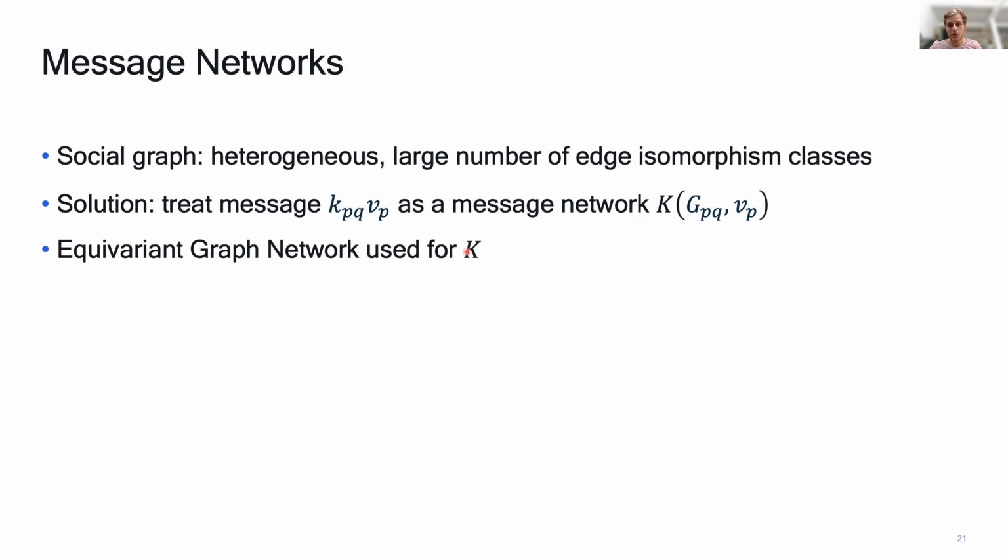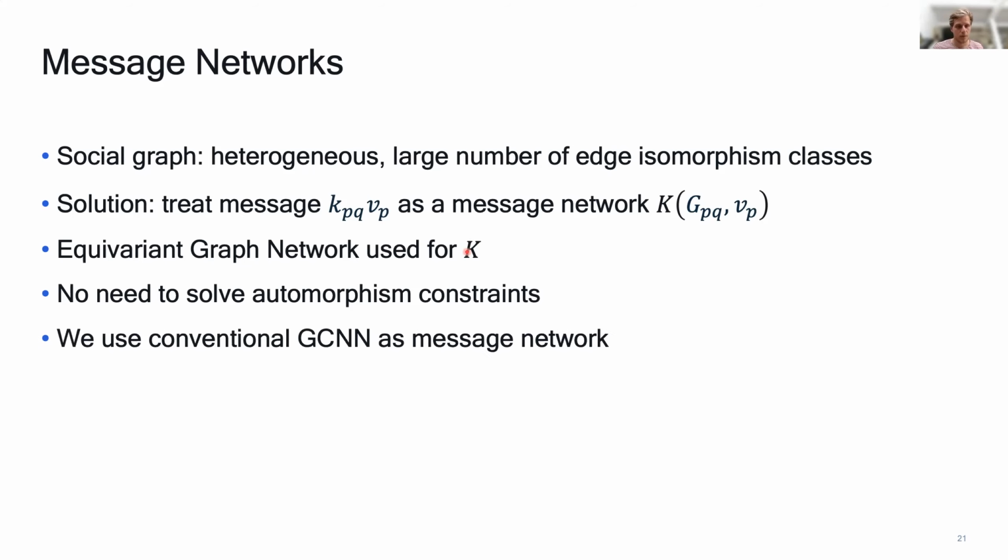So basically what we do is we use a graph network on each edge of the graph. And this allows us to find equivariant graph networks without having to solve all of these automorphism constraints and create additional weight sharing between all edges that are not isomorphic.